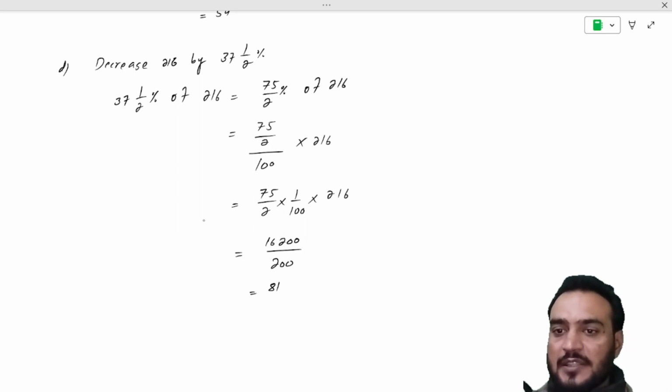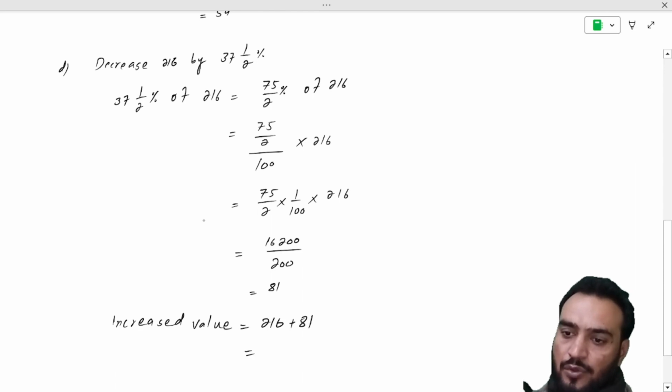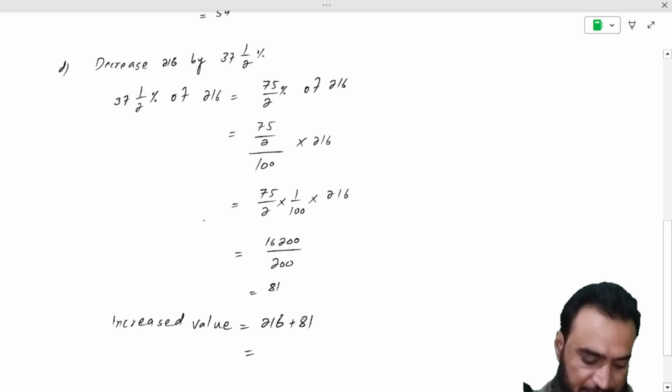So 81 is the 37 1/2% of 216. So let us increase 216. The increased value is equal to 216 plus 81. If we add 81 to 216, we get 297.